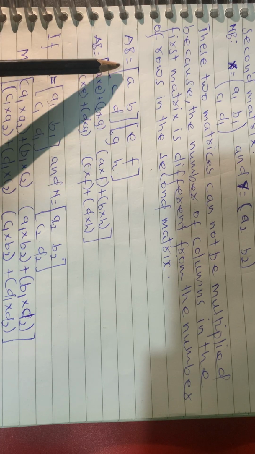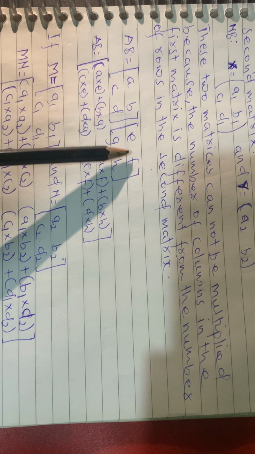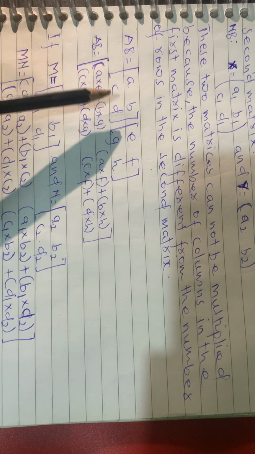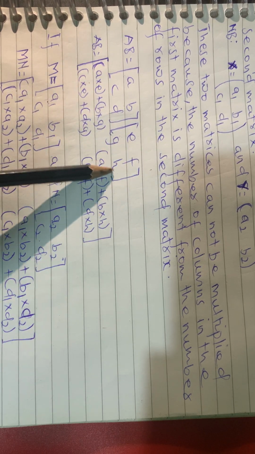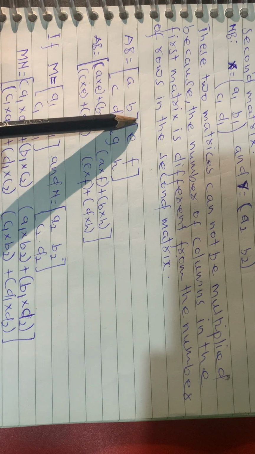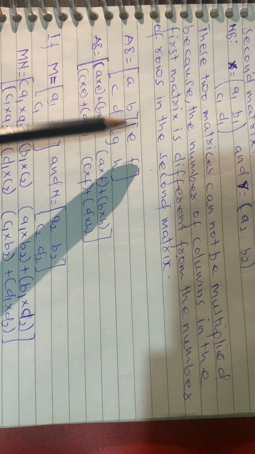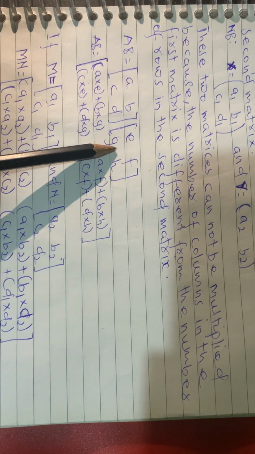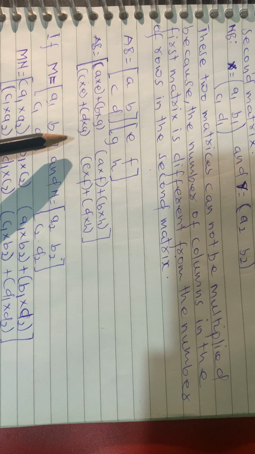Use the members in the rows to multiply the members in the first column of the second matrix. When you're done, come and use them to multiply the members in the second column of the second matrix. So all the members in the rows multiply all the members in the columns of the second matrix.